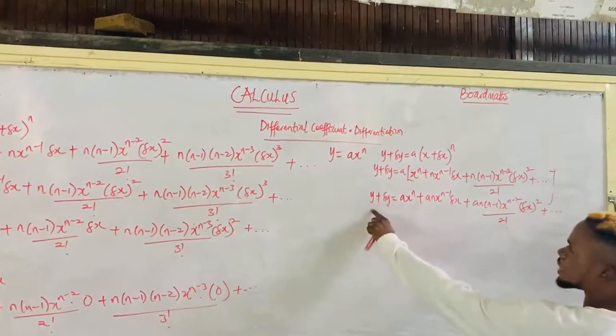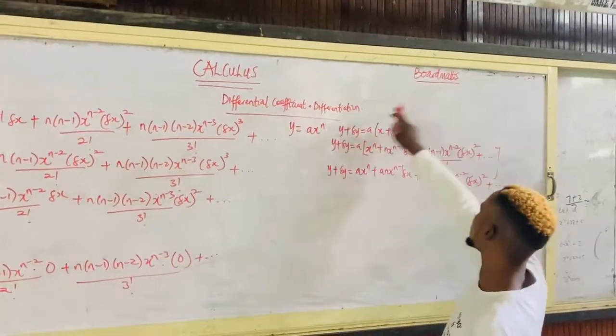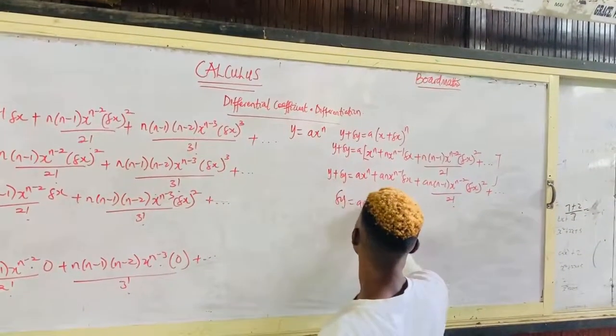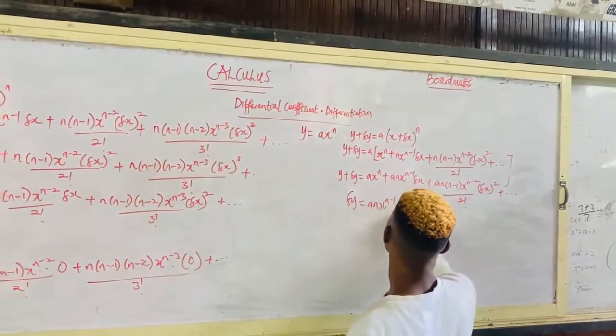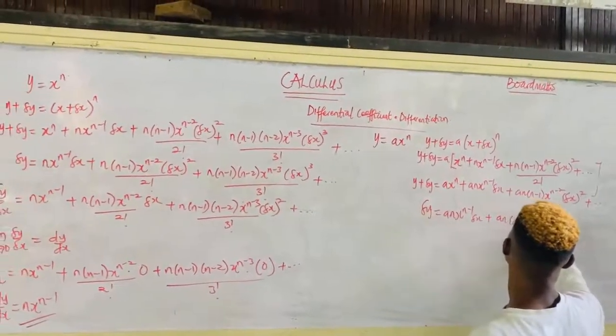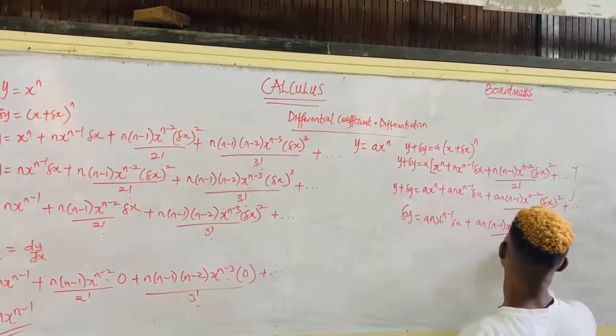Now this y is a x to power n and there's a x to power n here. So if I take it to the other side, this cancels out. So that means del y is anx^(n-1) del x plus a(n-1) x^(n-2) del x squared all over 2 factorial.